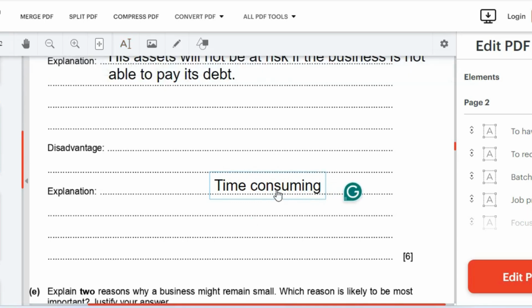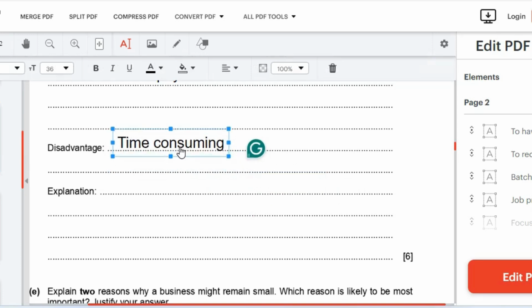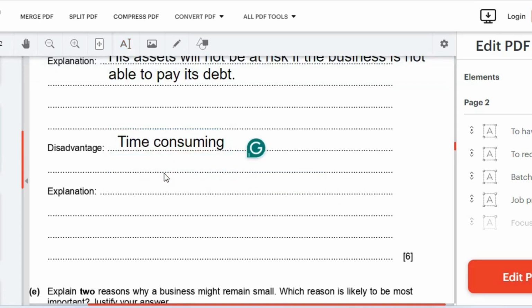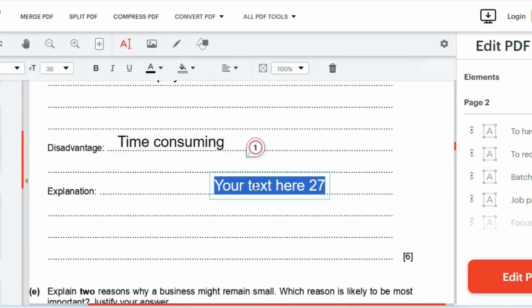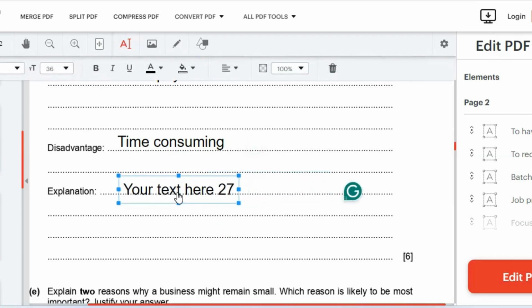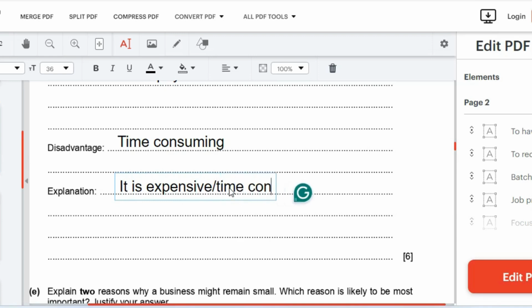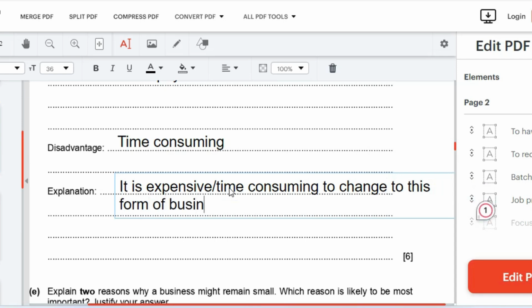Yes, it is time consuming for the business when trying to move to a private limited company. And let us give a little explanation here for us to get our mark. Of course, it will be expensive. It is expensive or time consuming to change to this form of business organization.